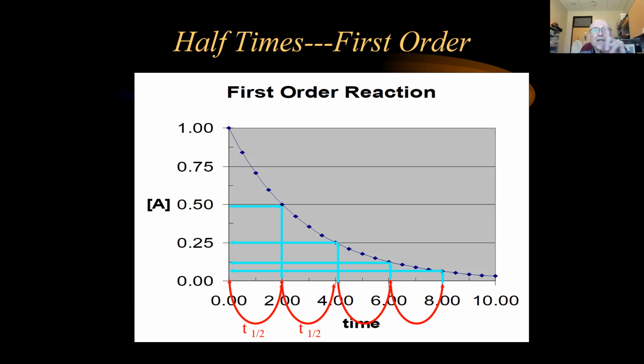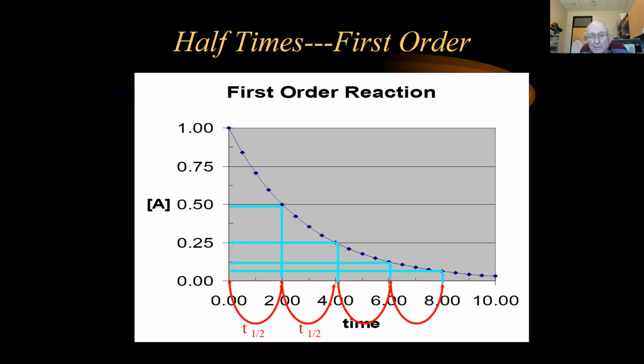If that's true, then I know it's probably first order. And what I would do then is just make the first order plot, not even make the second order or the zero order plot, because the data is indicating it's probably first. If I make the plot and it's linear, then I know that confirms that it is in fact a first order reaction.